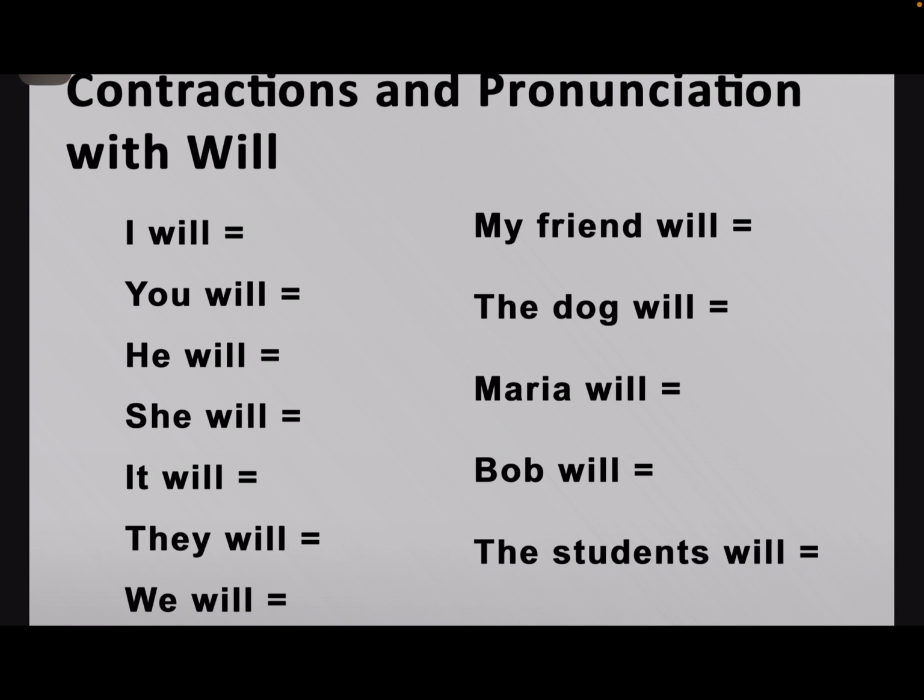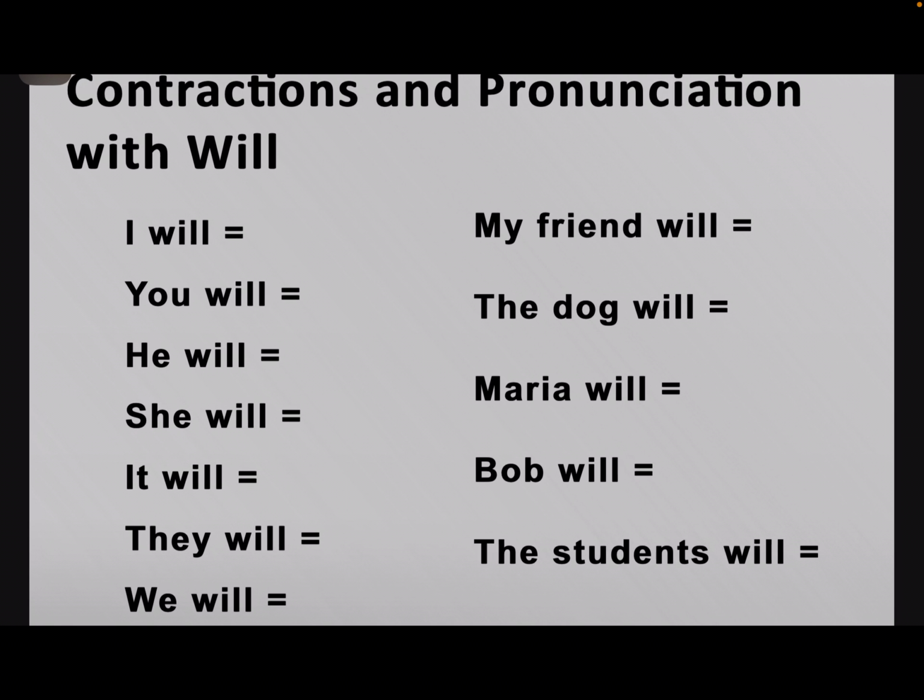And she will equals she'll, S-H-E apostrophe L-L. It will equals it'll. That's kind of hard, a tongue twister, but it'll, okay? I-T apostrophe L-L.